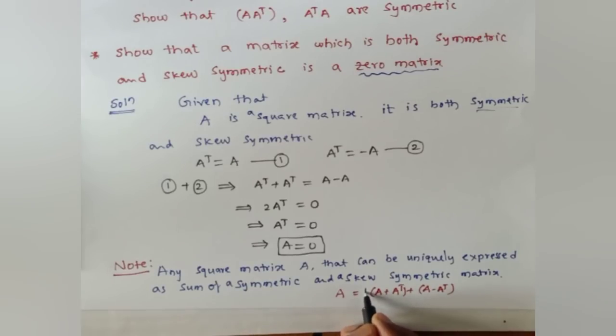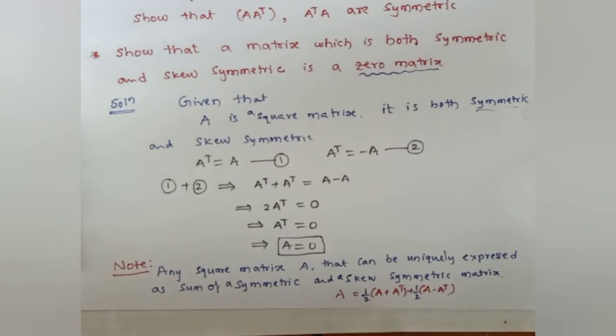So just divide with 2 for this and for this. A plus A transpose is symmetric, and the scalar multiple of a symmetric matrix is always symmetric. In the same way, the scalar multiple of a skew symmetric matrix is again skew symmetric. So multiplying by 1 by 2 is no problem. Therefore this matrix A can be uniquely expressed as the sum of a symmetric and a skew symmetric matrix.